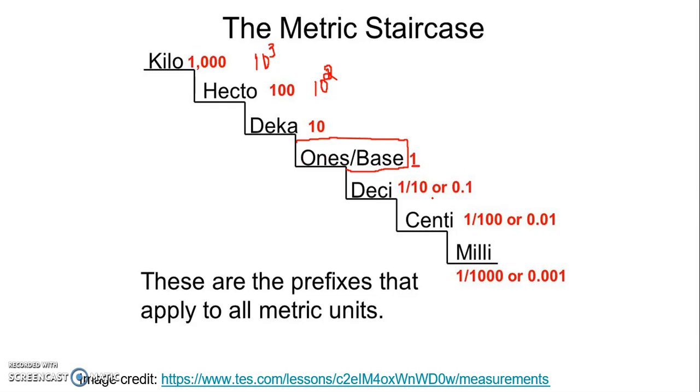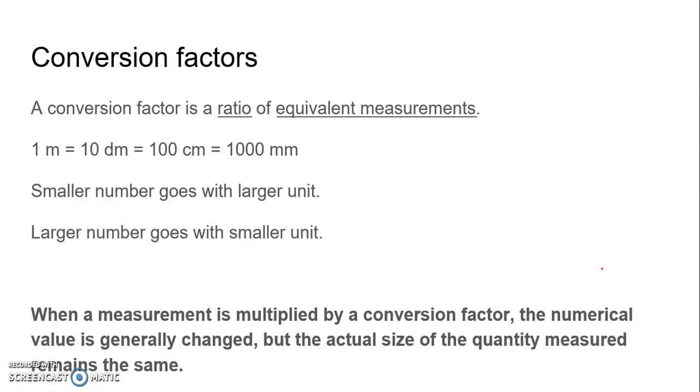Then when we go down to deci, it is 1/10 or 0.1, or in science, you can also write it as the exponent 10 to the -1. Centi, again 1/100th or 10 to the -2, and milli, 1/1000 or 10 to the -3. Okay, so if you understand this metric staircase, the conversion would be very easy for you.